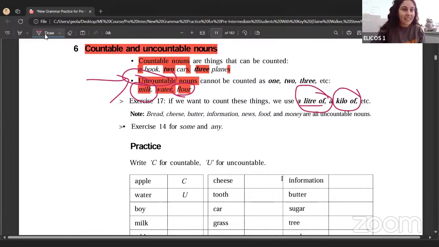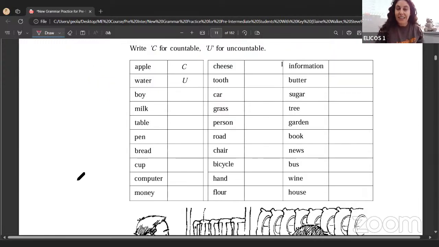So yes, these are the words: bread, cheese, butter, information, news, food, and money. The most common ones. So let's have a look at seeing if we can know which noun is countable and which is uncountable. And we'll do it together.